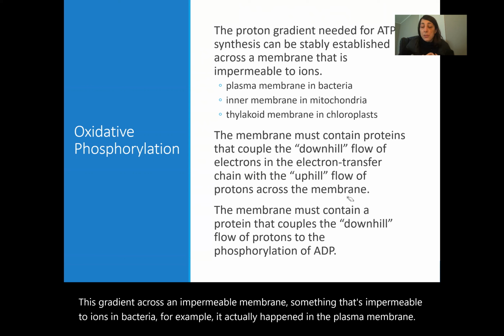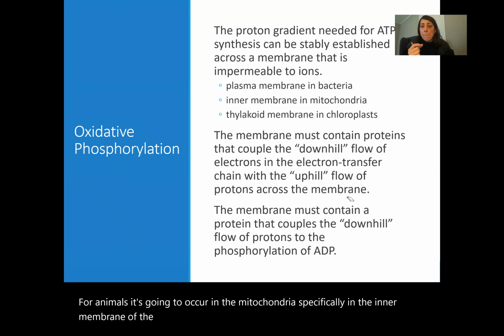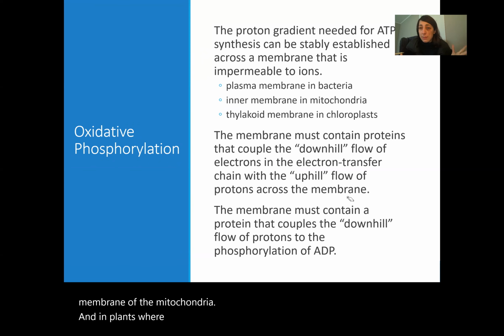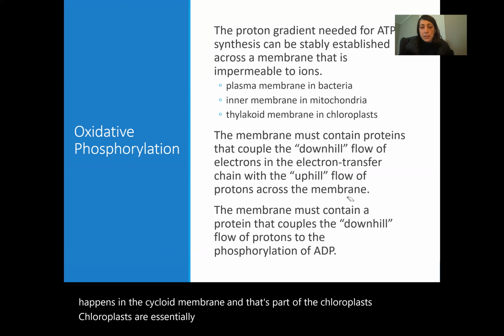For animals, it's going to occur in the mitochondria, specifically in the inner membrane of the mitochondria. And in plants, where this is being utilized for photosynthesis, it actually happens in the thylakoid membrane, and that's part of the chloroplast. Chloroplasts are essentially the mitochondria, but for plants.